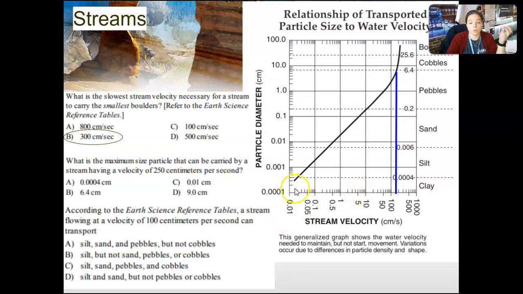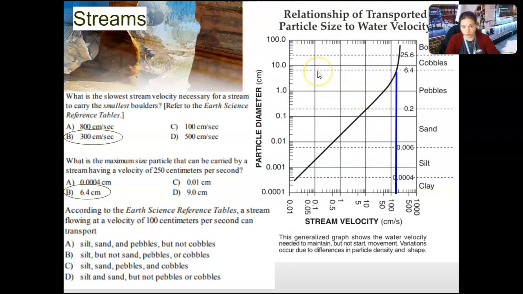Oh, sorry, I'm going the wrong way. 0.004 right about here. 0.01 is right here, which is definitely not close to 250 centimeters. 9 is up here. And we'll notice that it's got to be 6.4.